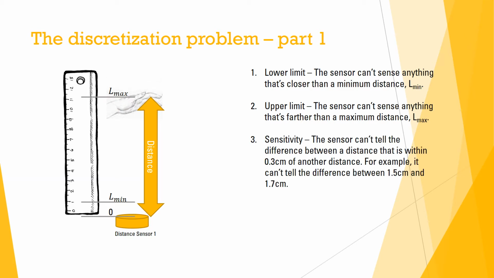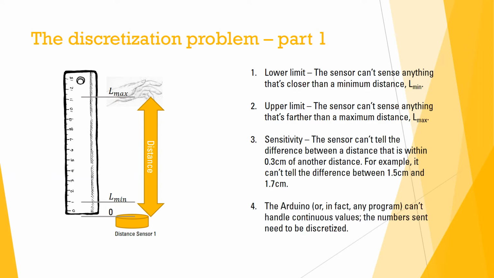And the sensor can't tell the difference between distances that are within 0.3 centimeters of one another. So, for example, in our case, the sensitivity was 0.3 centimeters, so your sensor would not be able to tell the difference between, say, 1.5 centimeters and 1.7 centimeters.